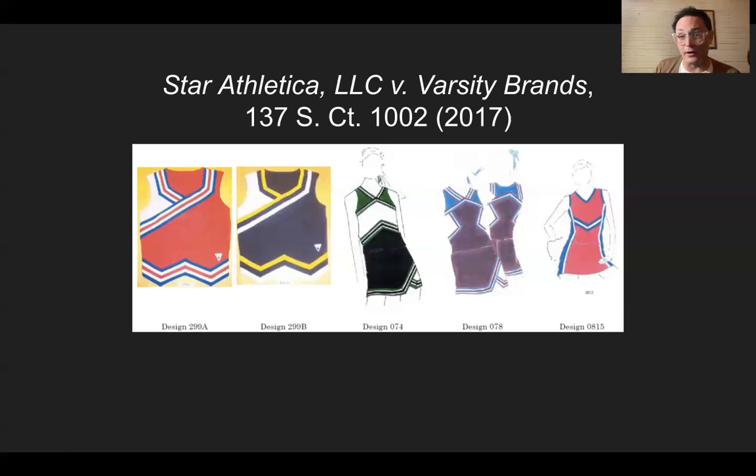Sure, they are pictures of cheerleading uniforms, but making a picture of something shouldn't be the basis for asserting copyright protection of the thing itself. The only thing that should be protectable is the original elements that might be associated with it. Now, after Star Athletica, is there anything left of the useful articles doctrine? Kind of unclear. I guess we'll have to have a conversation about that and see if we can't figure it out.